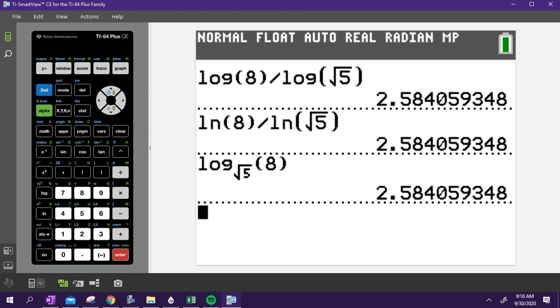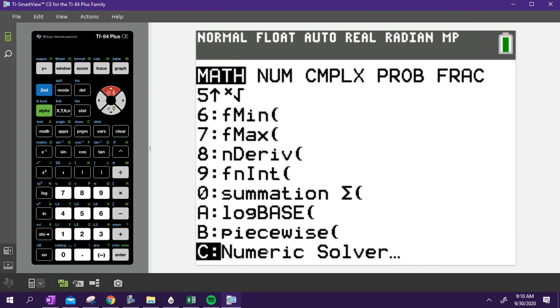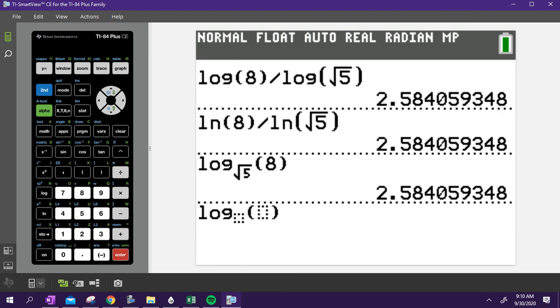Questions on what we just did? Yes, sir. Yeah, but that's not as fun to hit the math button. I know that. You can hit math, and then you can go, what is it under? Number? Oh, it's up, and then it's not numeric solver. A, I got you. You can go to that one and then type it that way.